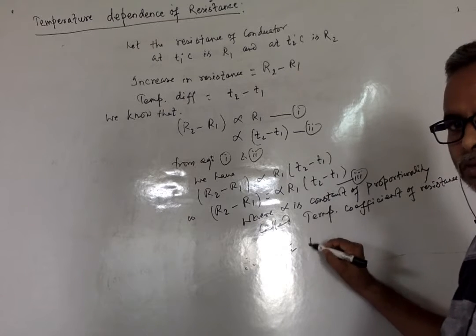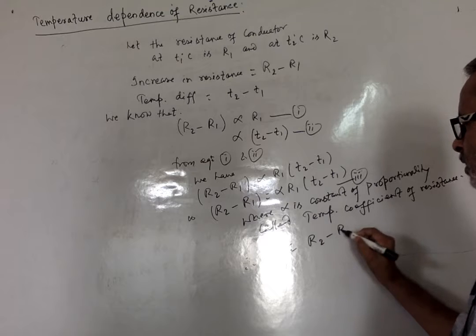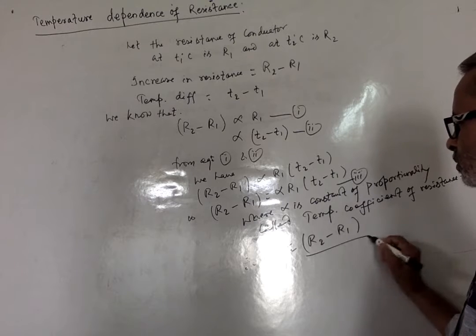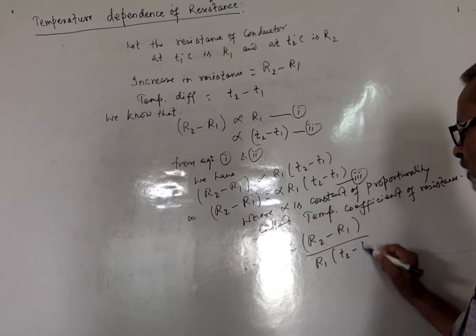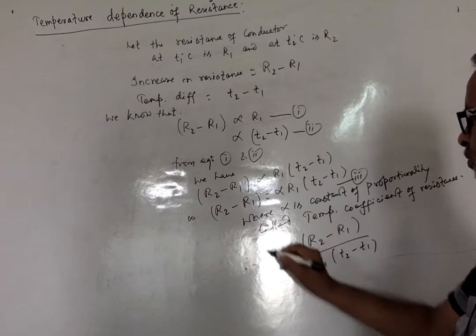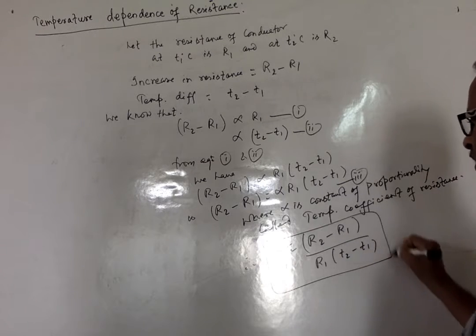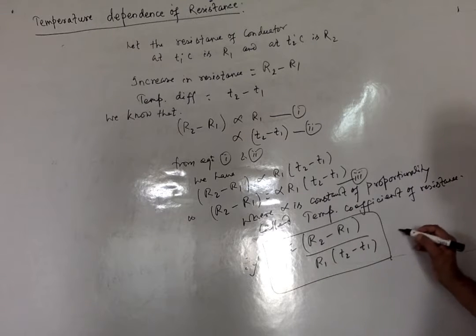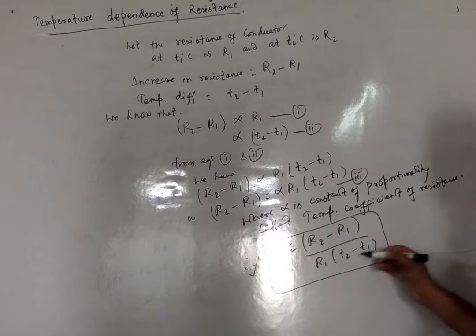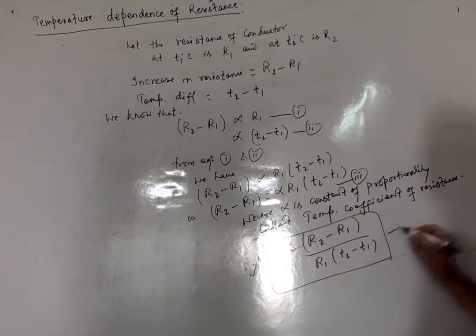Therefore, alpha equal to R2 minus R1 by R1 (T2 minus T1). This relation is used in calculating the temperature coefficient of resistance or any of the temperatures or R1 or R2.